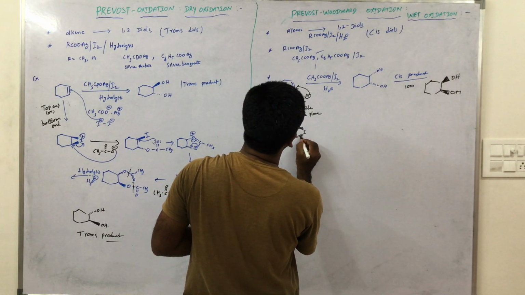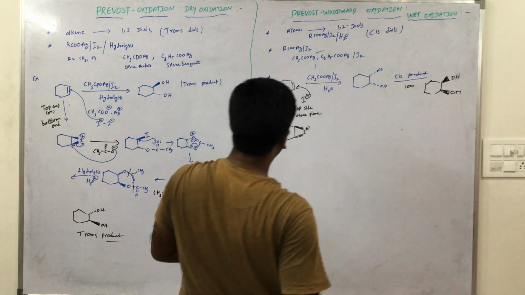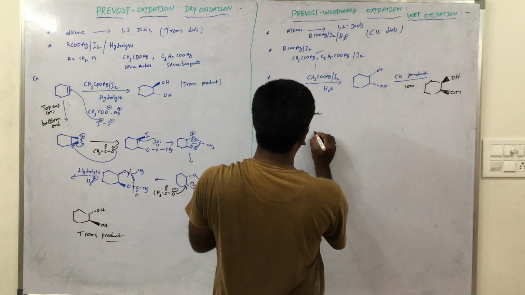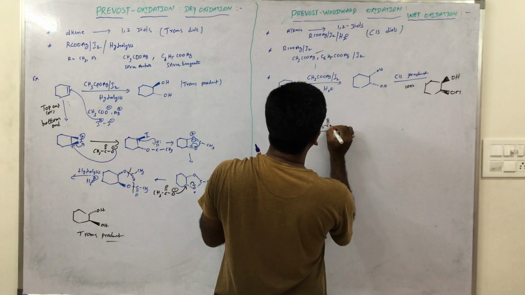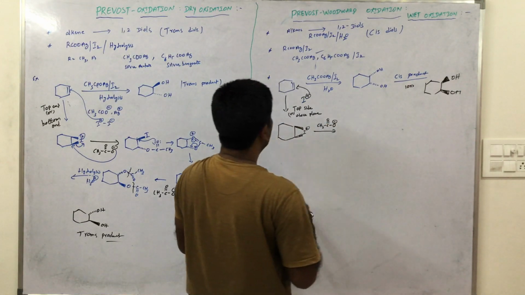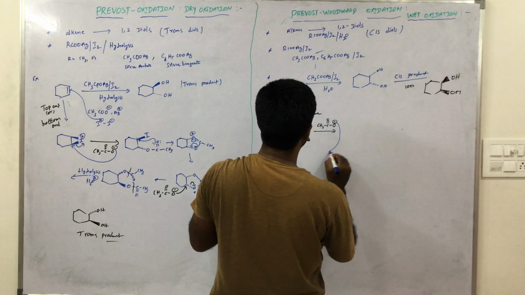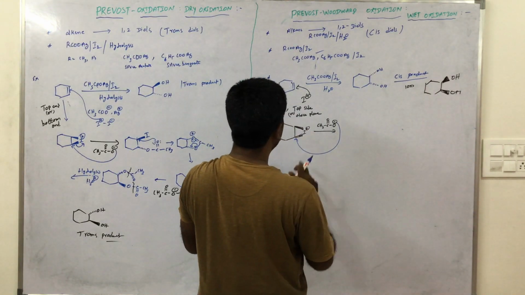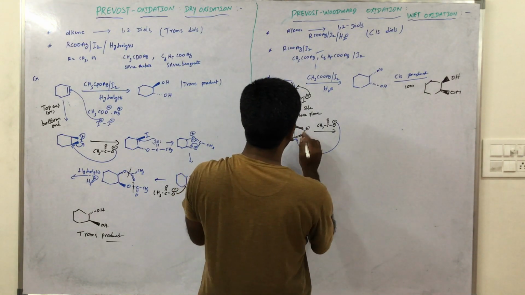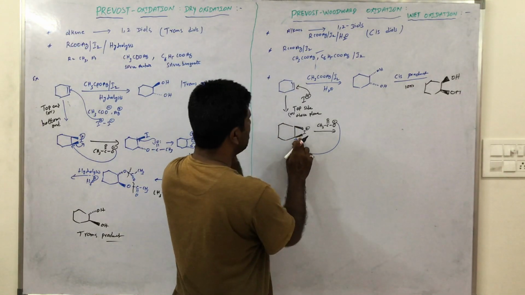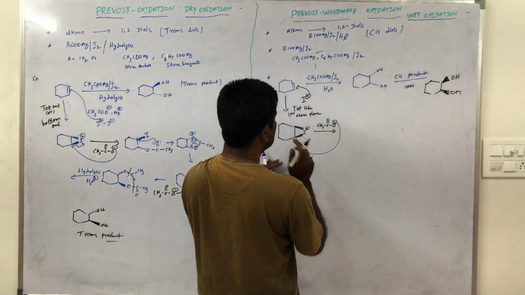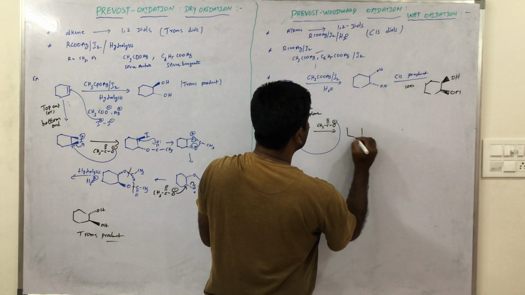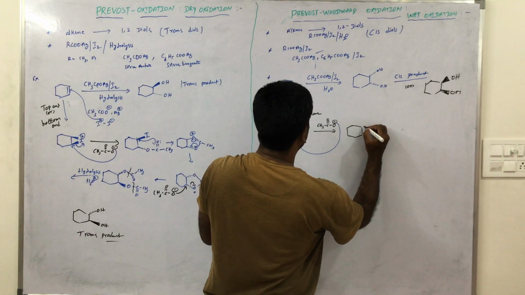Iodine plus. Okay, now CH3 C double bond O minus. This O minus attacks. This bond is above the plane, so this O minus attacks below the plane of this carbon. We get the product, right?